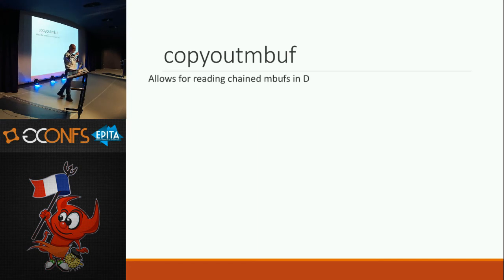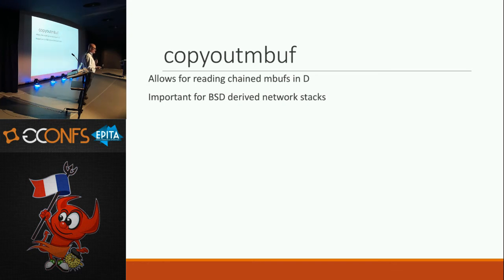So this allows us to read chained mbuffs in D. It's really important for all of the BSD-derived systems. So for those of you who are attempting to port DTrace to the other BSDs, NetBSD, OpenBSD, you probably want something like this because it does not exist in the original Illumos/Solaris code.